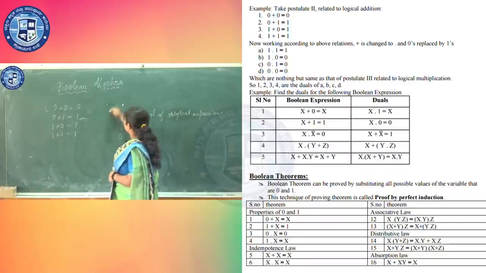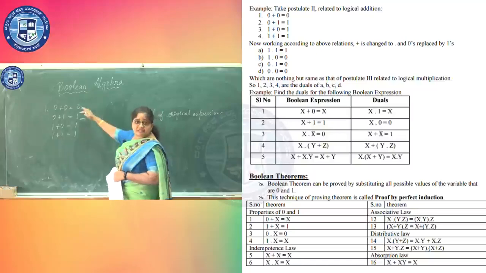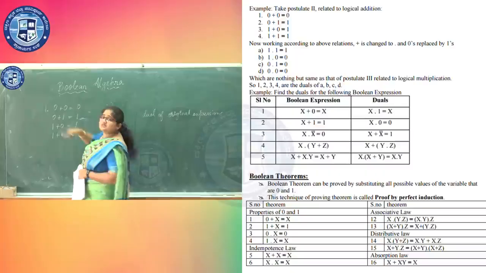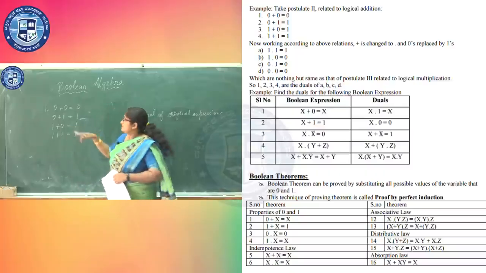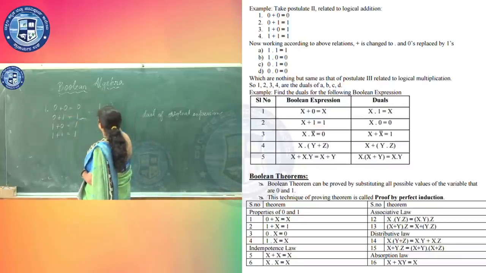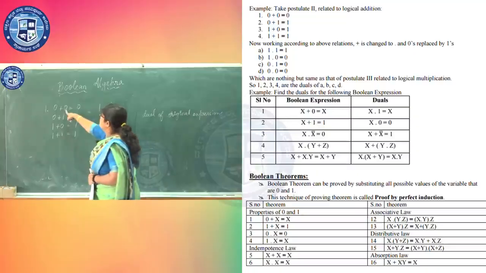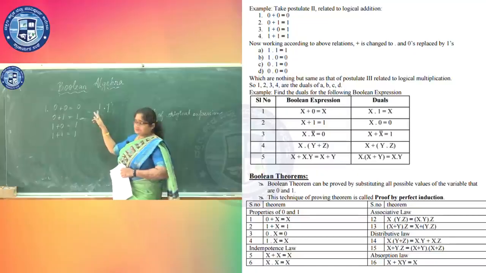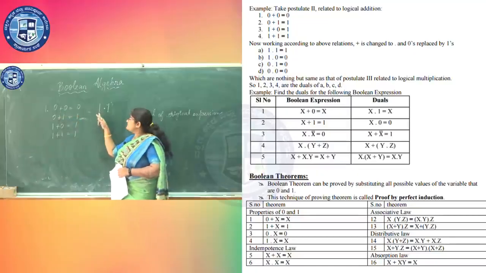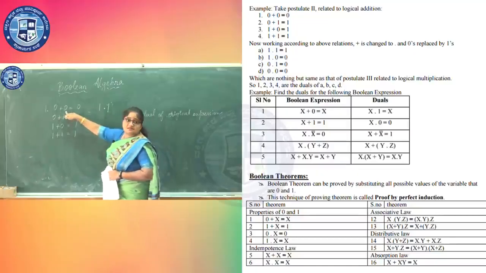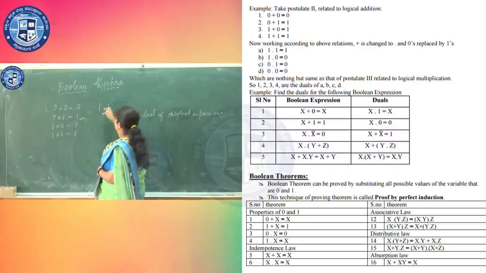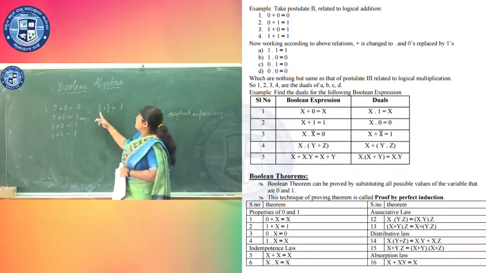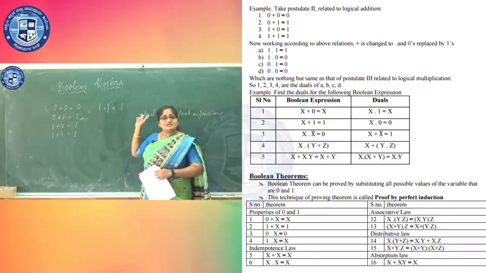I am replacing the plus with the dot, that is or with and, and 0 is replaced with 1. So I am having 1 into 1, equal to 1.